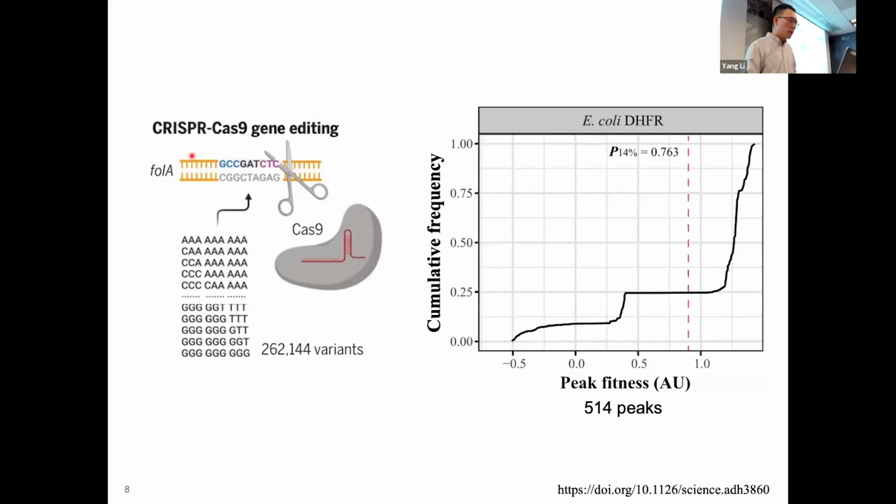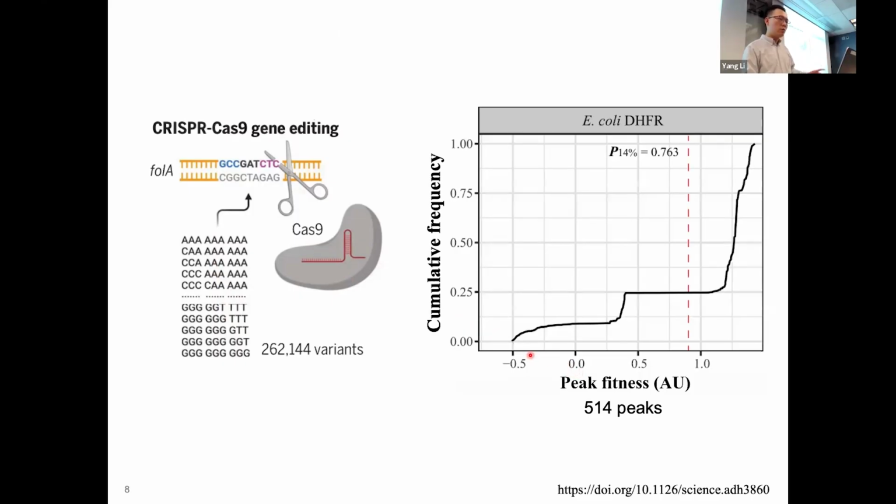For the E. coli folA gene, we created a fitness landscape library and did the adaptive walk, and the axis is peak fitness. We simulate thousands of times.